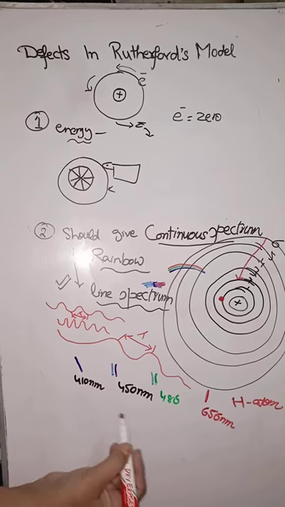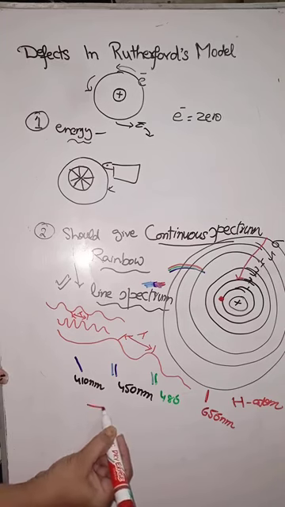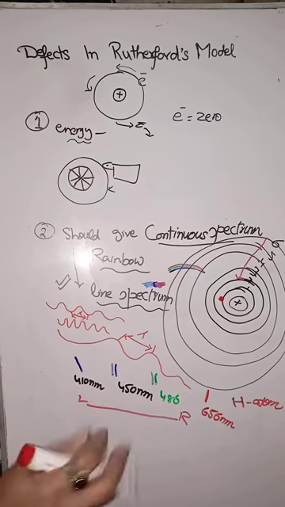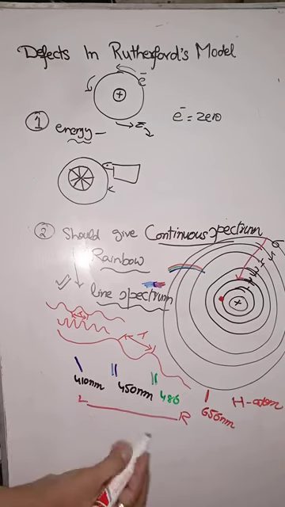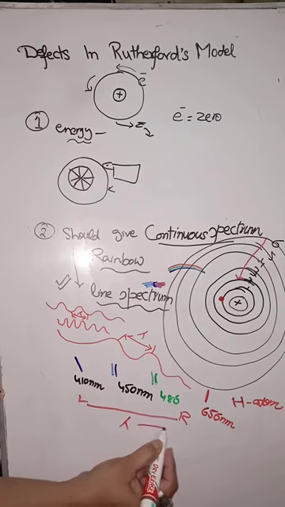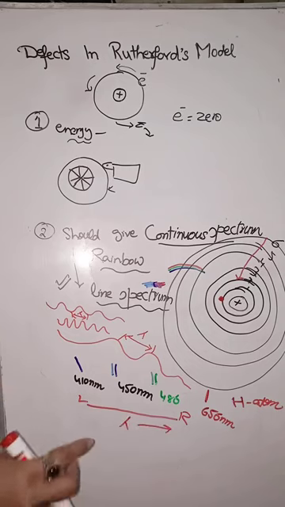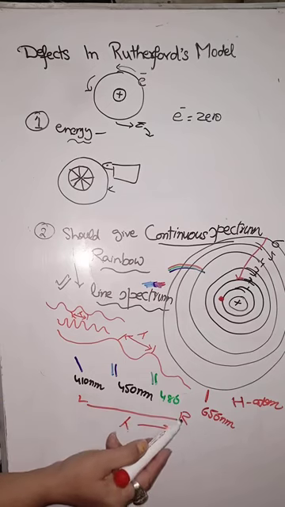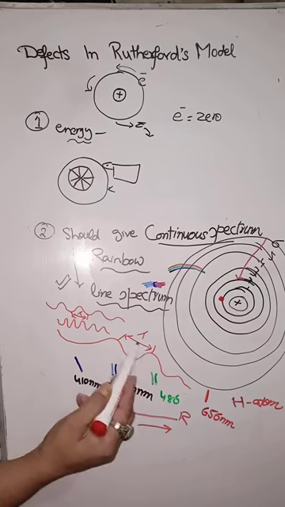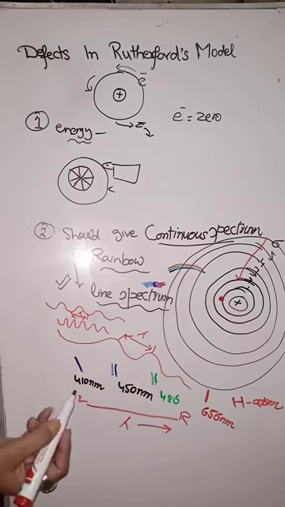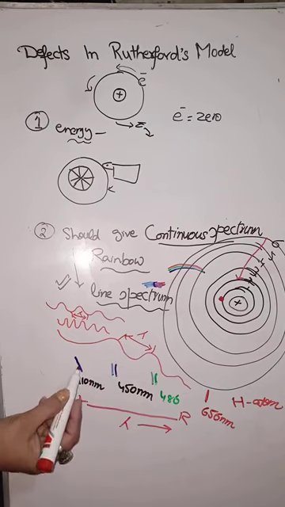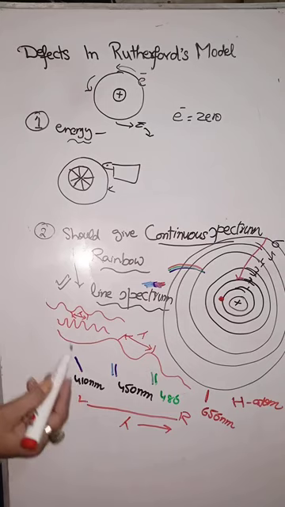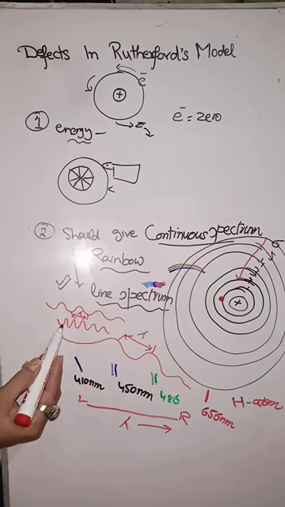In case of a line spectrum, when we move from left to right, the wavelength increases in this order. It means the red color possesses more wavelength as compared to violet. This is the violet color, it possesses lesser wavelength.